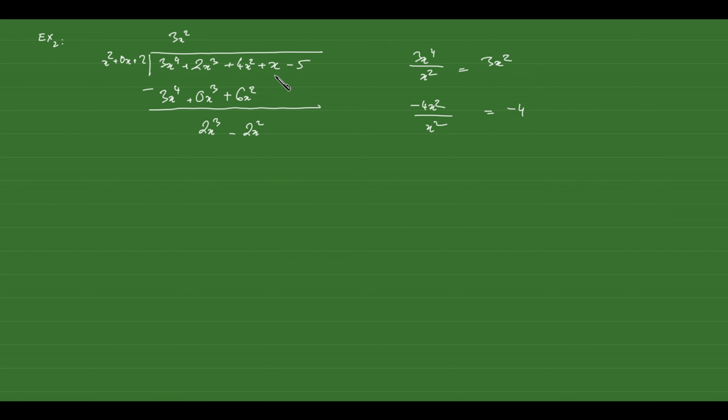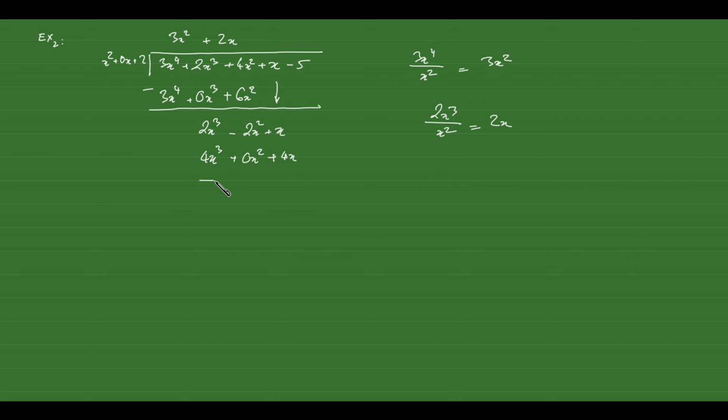Now you're gonna drop the x there. Let me erase this. Okay, this is not right. Now 2x to the third divided by x squared will give you 2x, right? So this is going to be 2x. I'll give you 4x to the third plus 0x squared plus 4x.